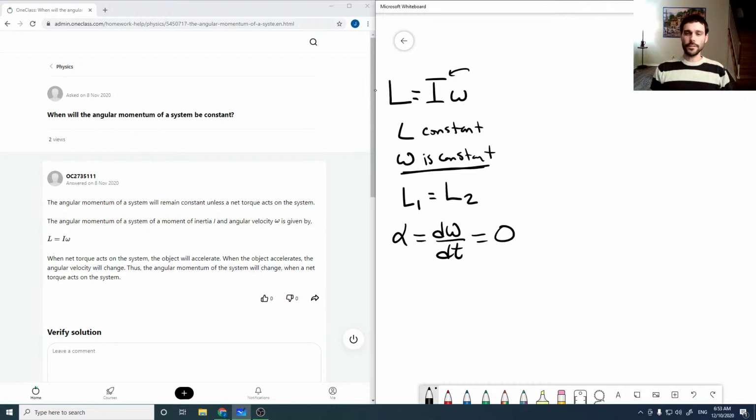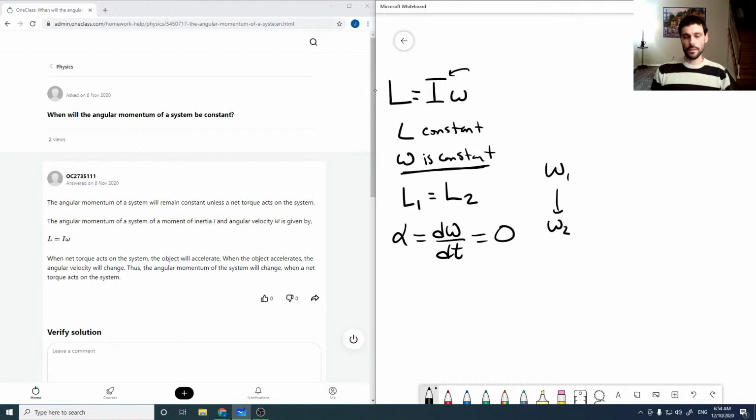And if our alpha is 0, even if omega changes, going from one value to another, as long as there's no angular acceleration, then our L should be constant.